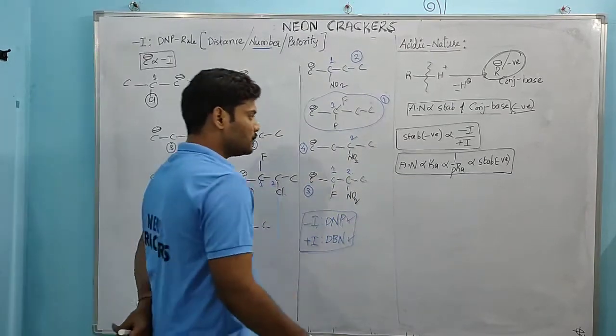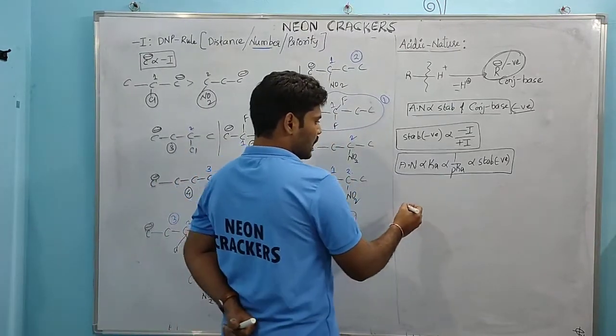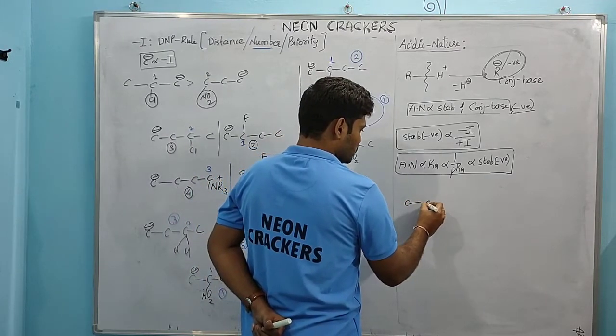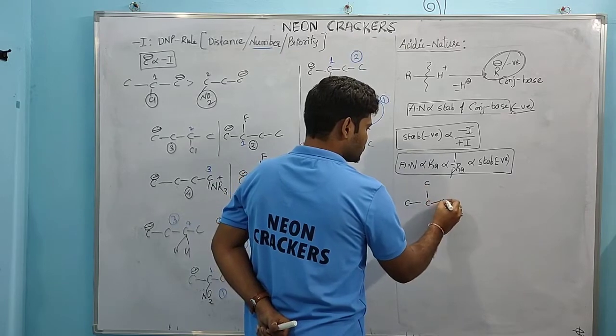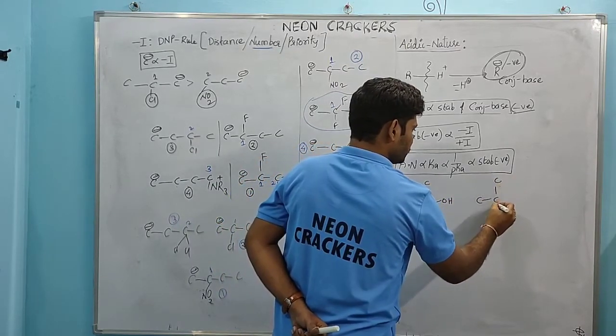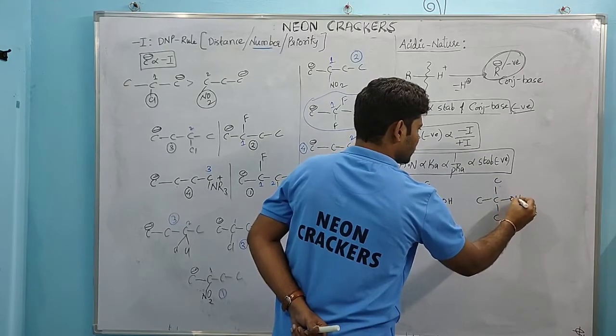One example, alcohol: if we take alcohol, here CCOH is there. Next one is COH. Next one is what?